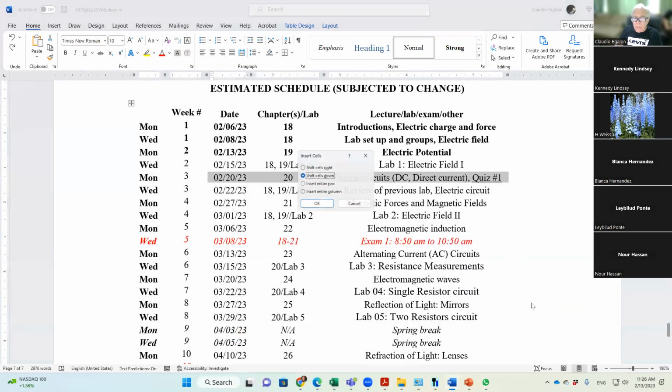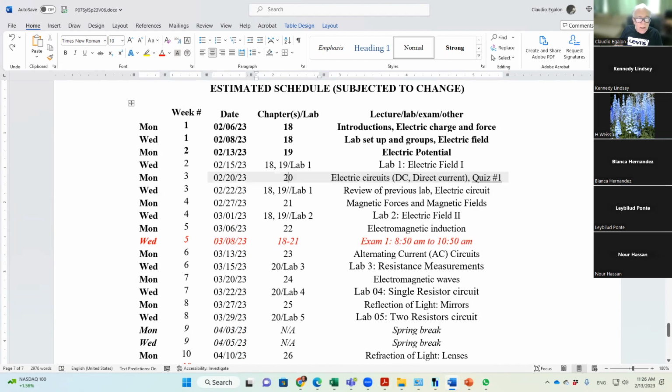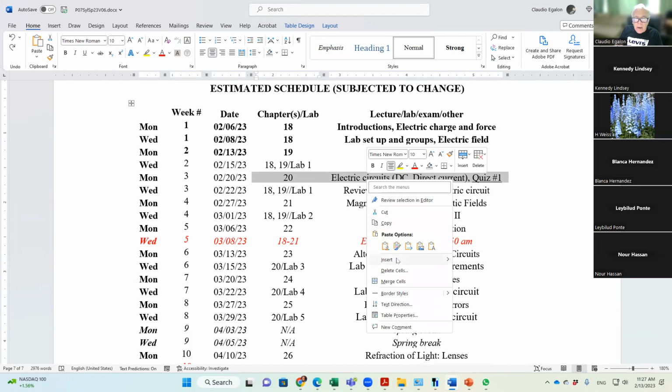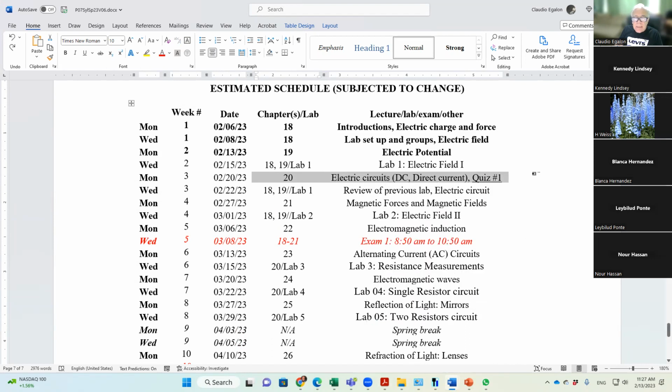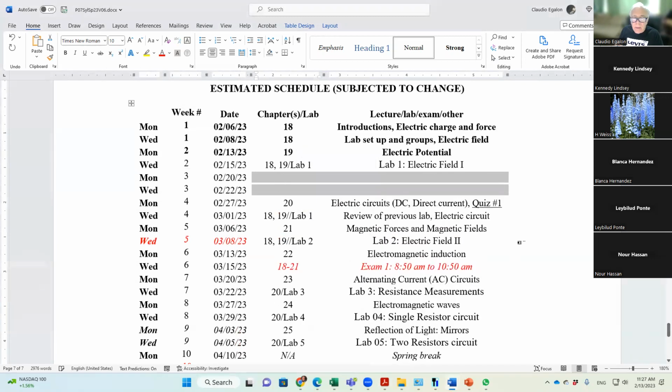Insert cells. Good. There's going to be a holiday. Oh no, not this one. This one here. Okay, so here you go. We leave the quiz for the other Monday, and here is going to be not applicable.